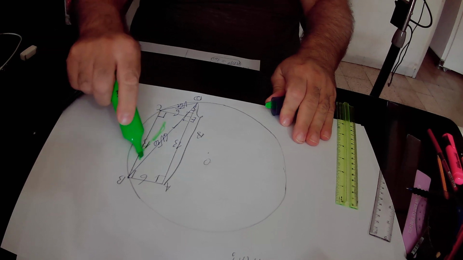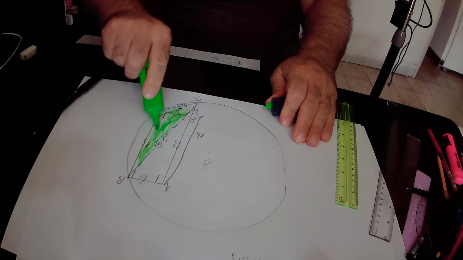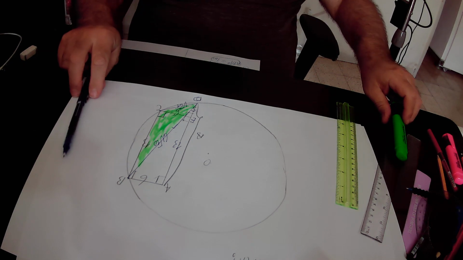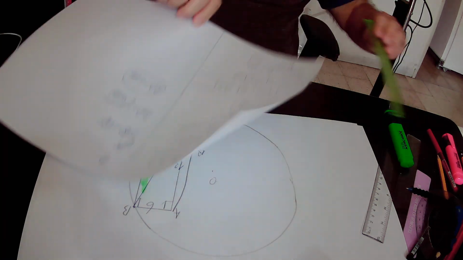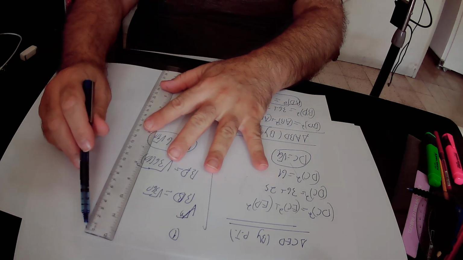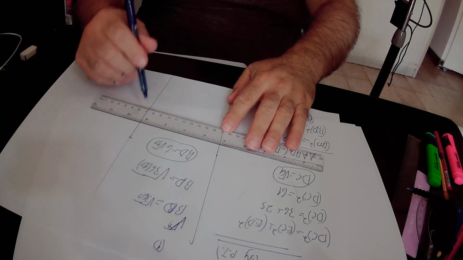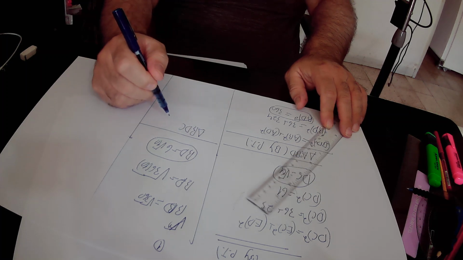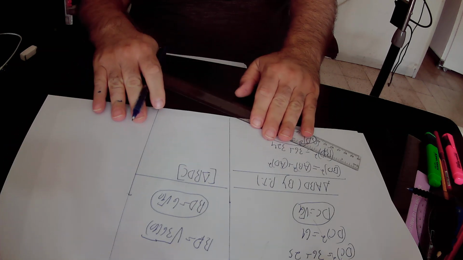Here we'll find the area of this green triangle, triangle BDC. The square brackets here mean the area.